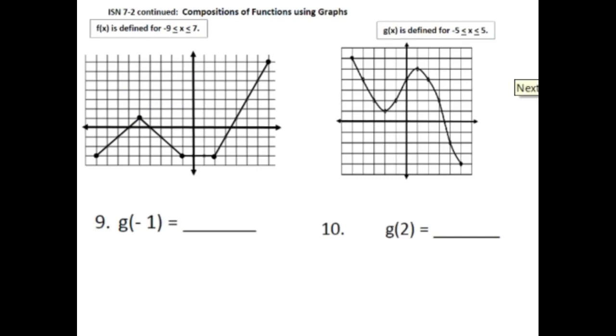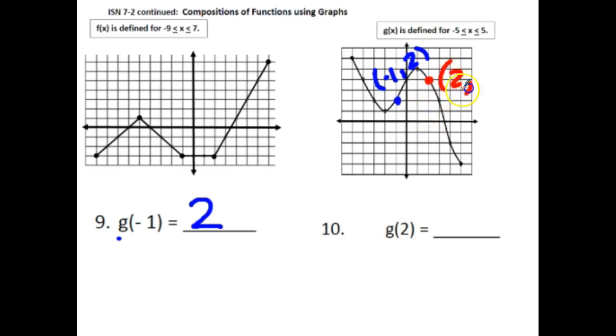On problem number 9, which graph am I using? Graph called G. I go from here, I go to -1. This point right here on the graph is -1, 2. So on the graph called G, if the x is -1, what's the y value? This is an x value of +2.